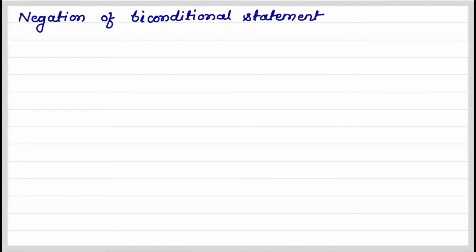Move to the next one. Negation of biconditional statement. We have seen conditional statement. Now we have to see negation of biconditional statement. Biconditional statement is represented by P double implies Q. P double implies Q is actually a conjunction of P implies Q and Q implies P. We will derive the negation of this biconditional statement.